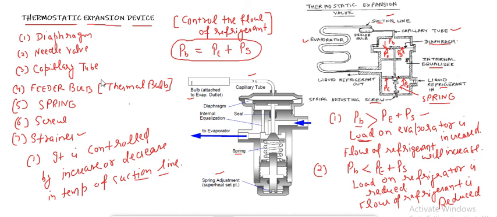So we can also say that the thermostatic expansion device is also known as a constant superheat valve. So this must be clear to you, which valve is known as constant superheat valve. We can say the thermostatic expansion device is also known as constant superheat valve.